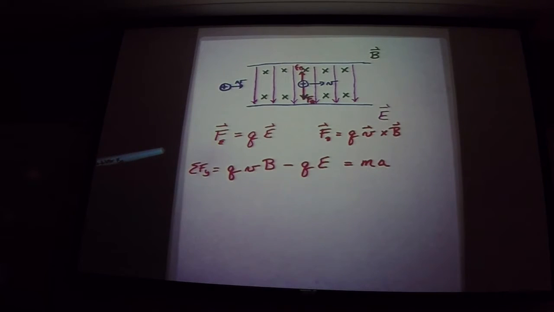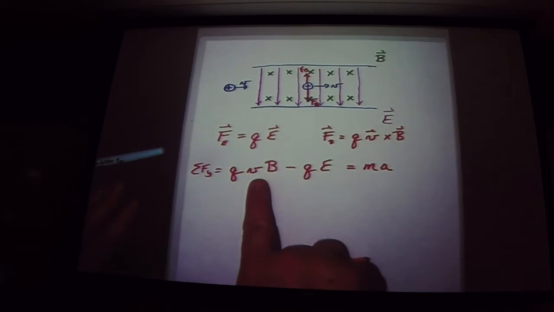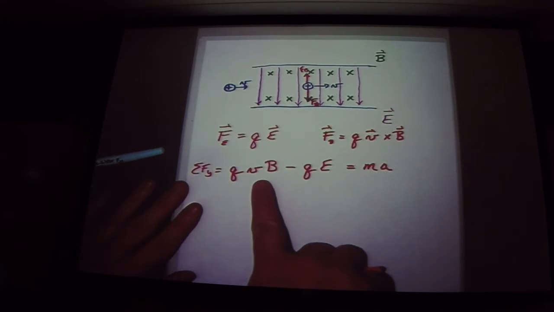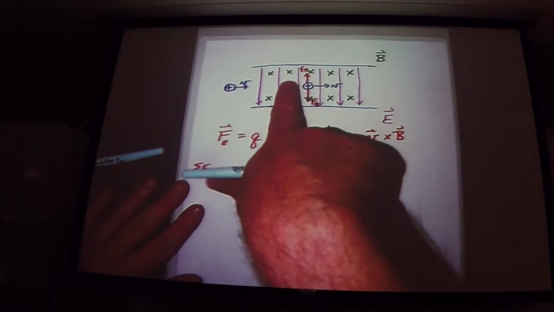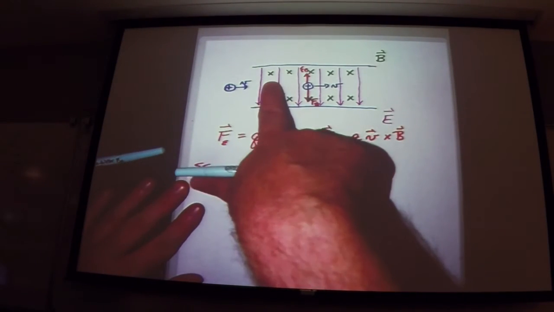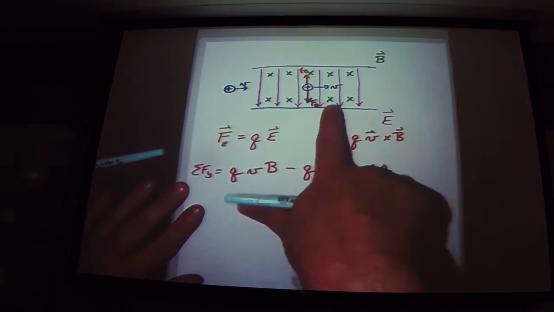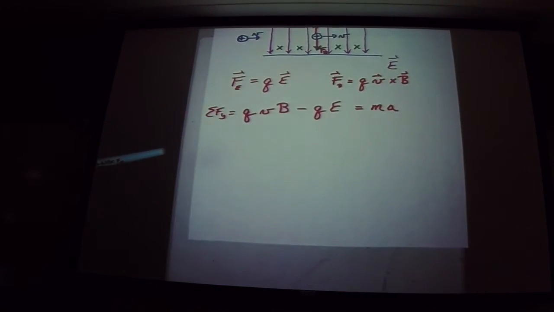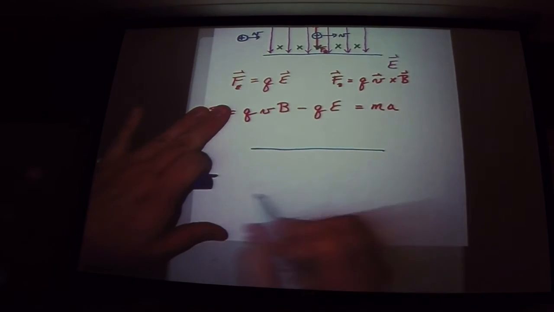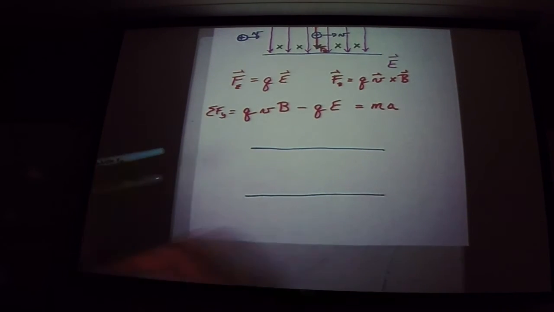So now, notice if the velocity is low, then the magnetic force will be less than the electric force. If the velocity is too slow, then the beam will be deflected downward. So, let me draw another picture here, without all those x's, so you can see what's going on.